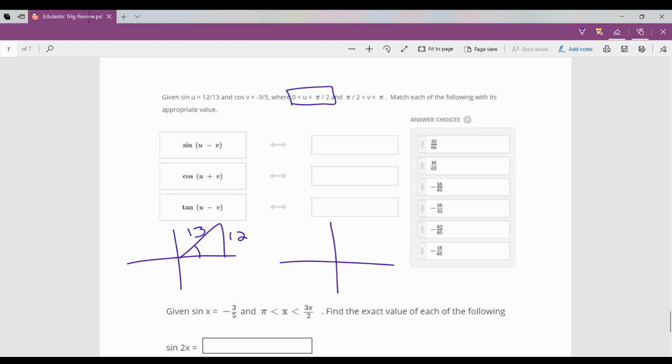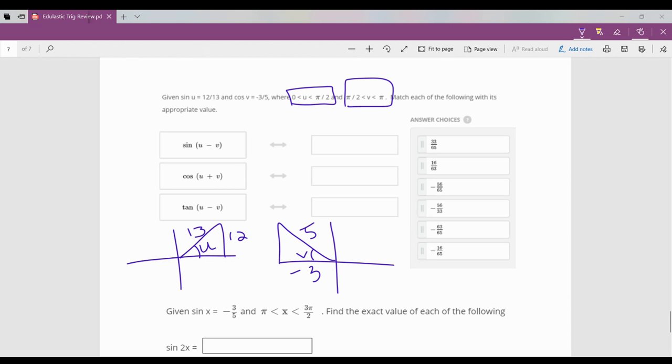Hold on, let me correct that. There we go. U, there we go. And then V, V is in the second quadrant, and it is cosine negative 3 over 5.